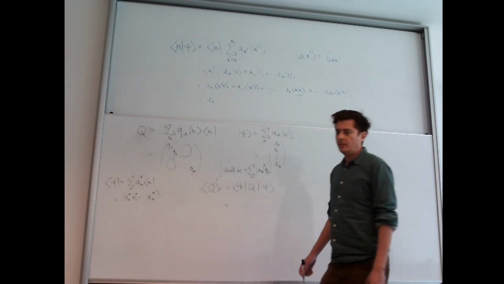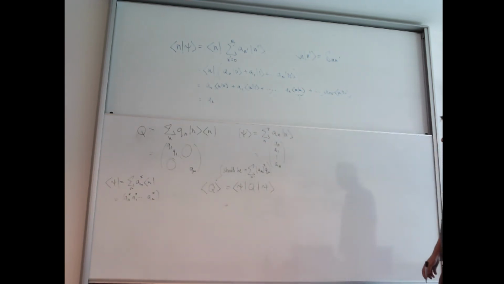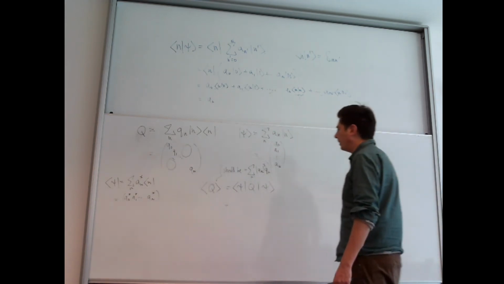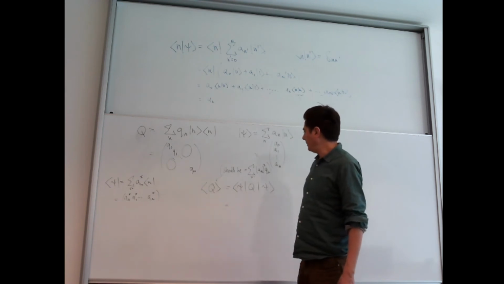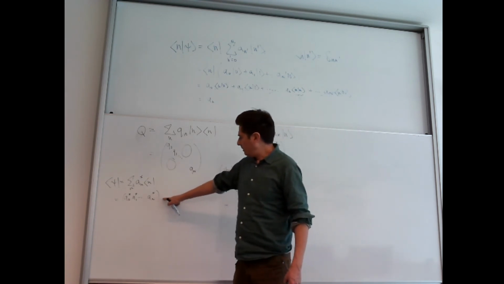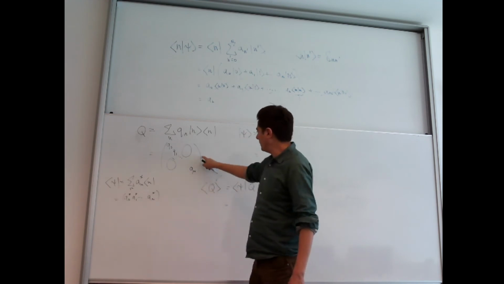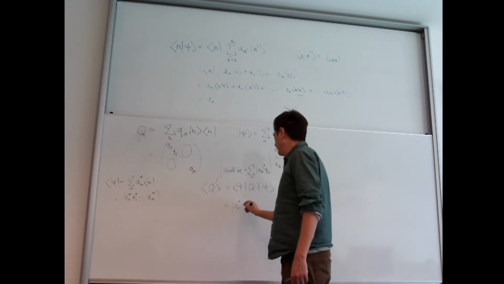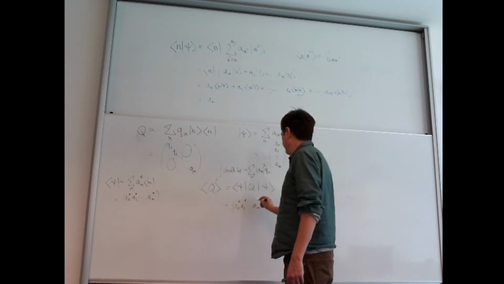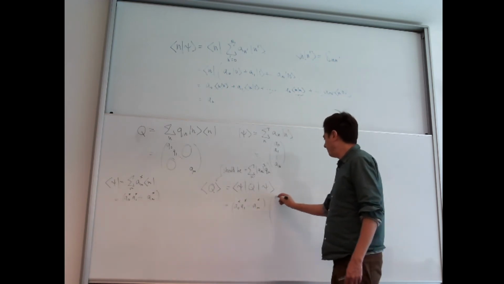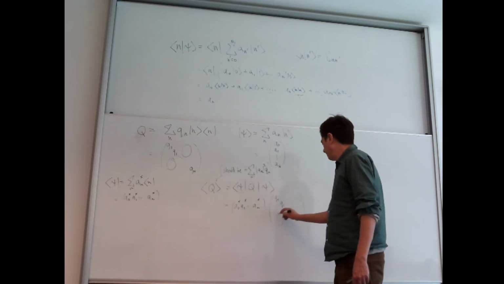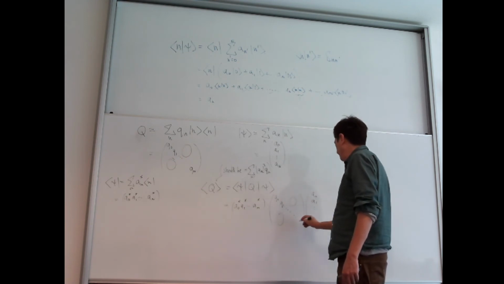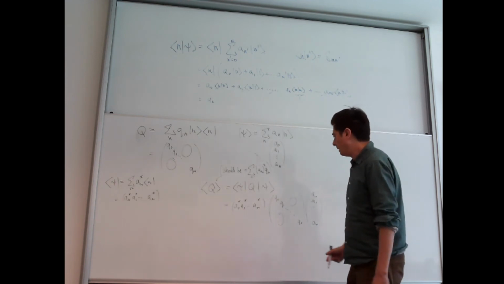In this case it's actually pretty easy just to do the matrix version. Maybe we can do both. But essentially what we're going to be doing is this bra times this matrix times this ket. Okay?